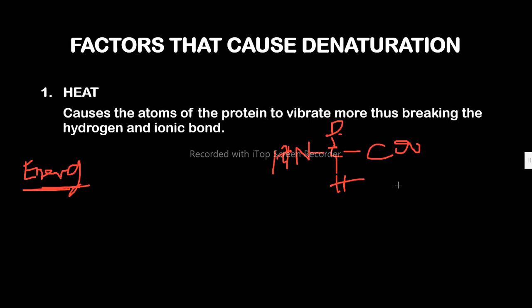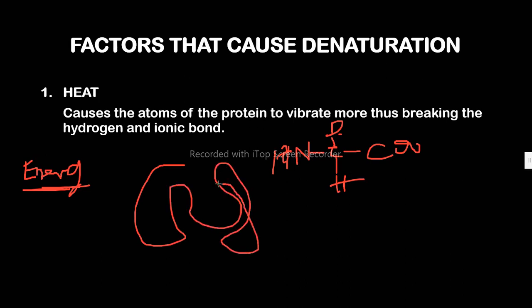Remember, the overall structure of a protein is maintained by bonds: here a sulfur bridge, here a hydrogen bond, here van der Waals forces of attraction, and here an ionic bond. These bonds maintain the 3D shape of an enzyme.